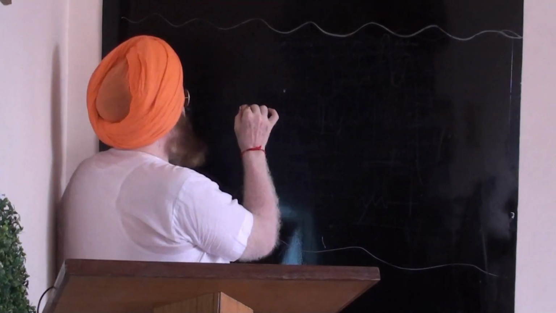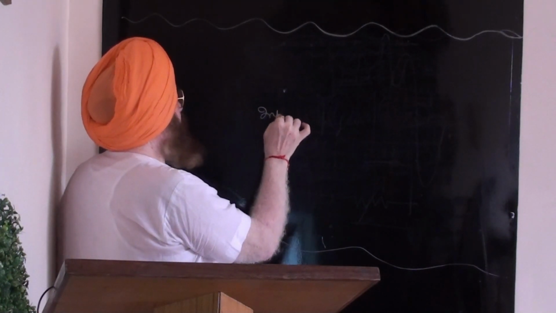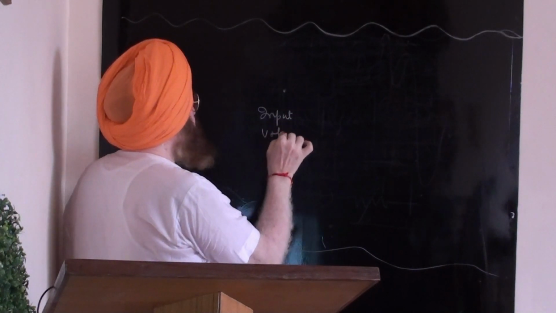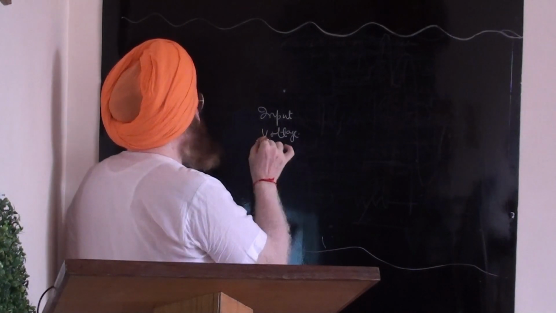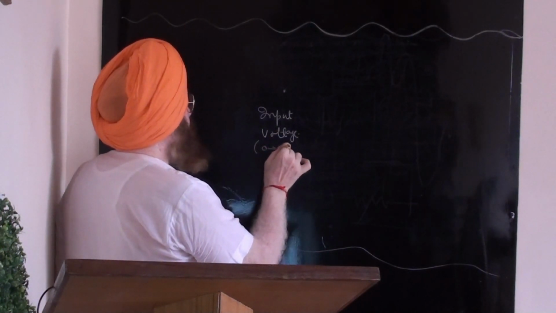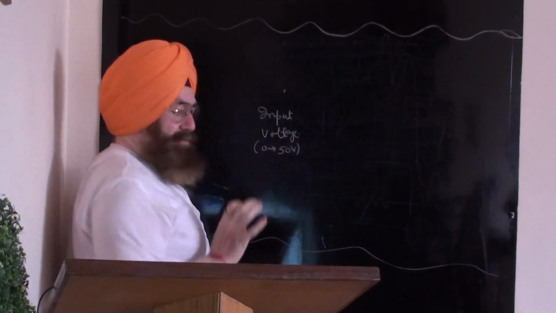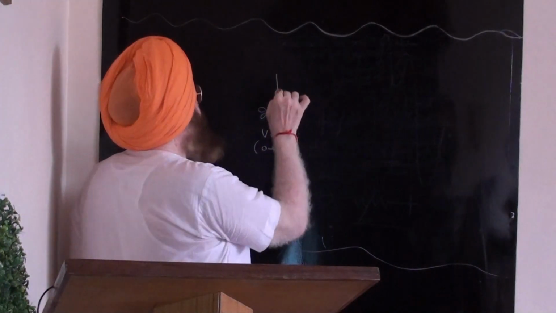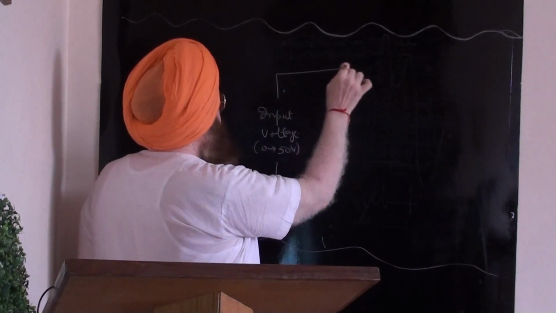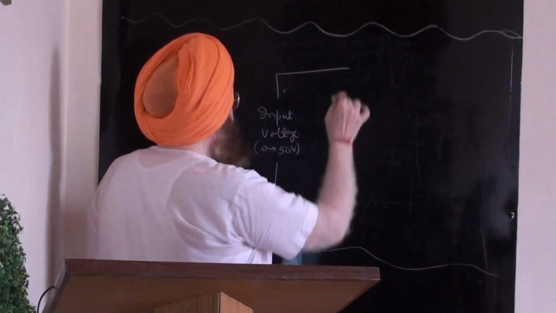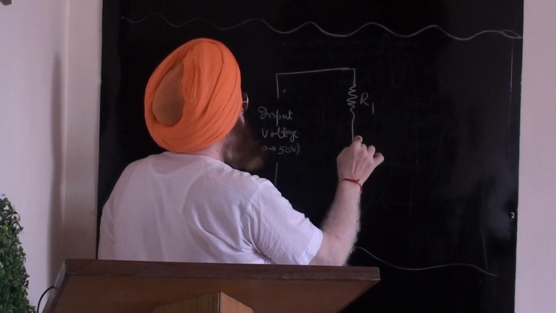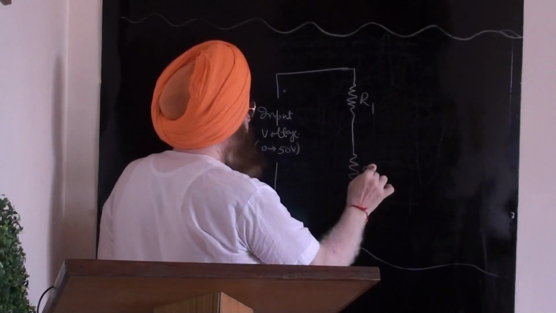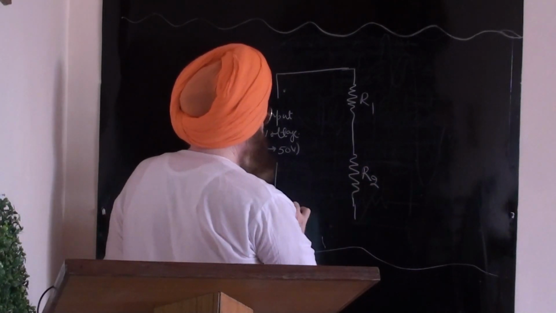Now consider an arrangement. I have an input voltage, which may be 0 to 50 volts, let's say, and I am giving this input voltage to two resistors, the resistor R1 and the resistor R2.